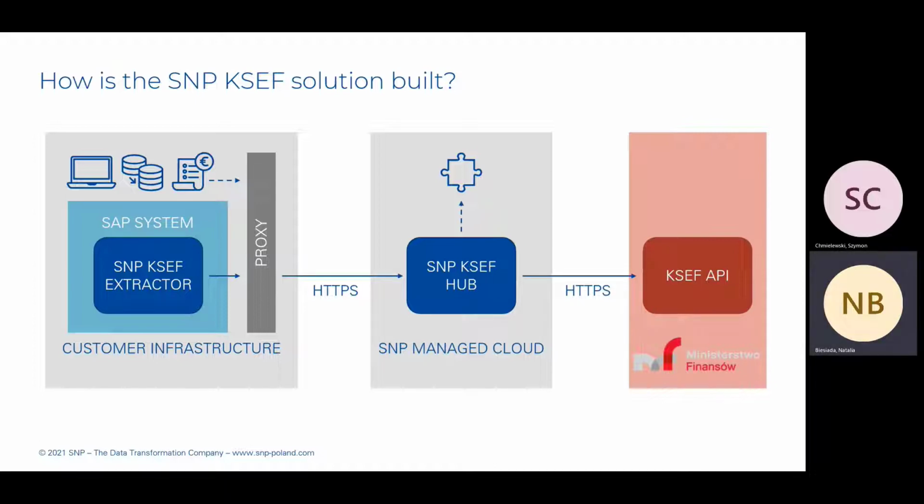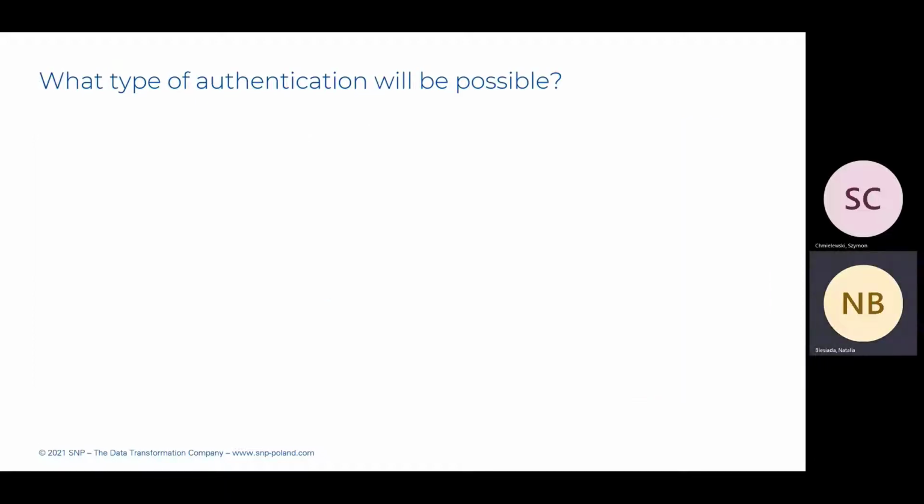And back to the connection between SNP Managed Cloud and the Ministry platform. Any access to the KSeF API will, of course, require authentication. From the information that has been given by the ministry so far, we know that one of the following methods can be used for authentication.